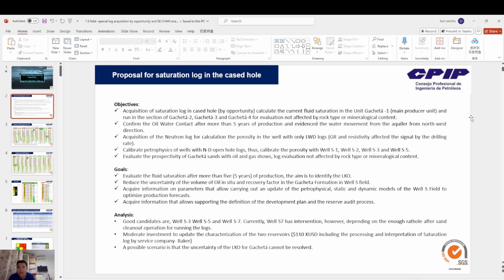A possible scenario is that the uncertainty of the lowest known oil for Gajita cannot be resolved.